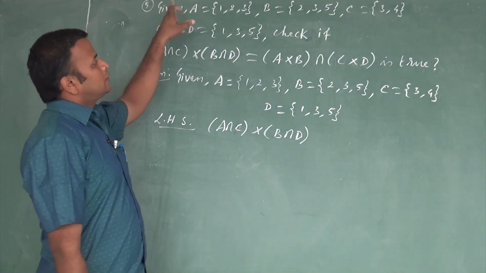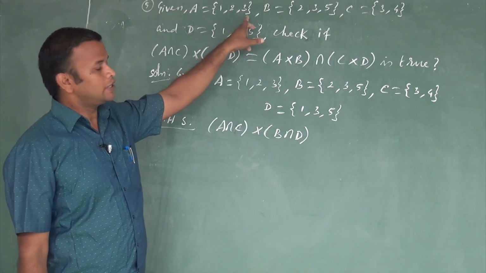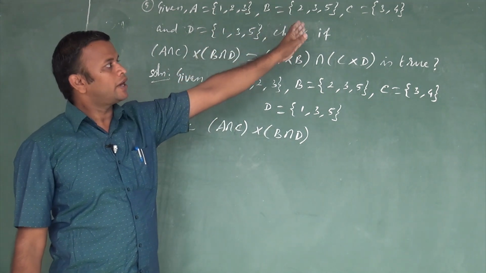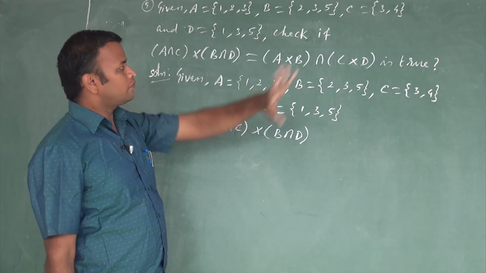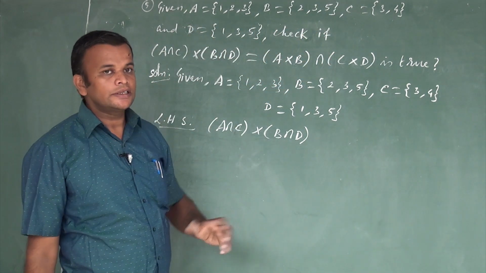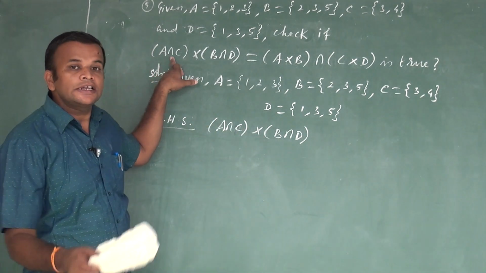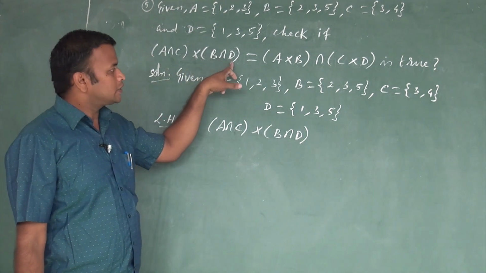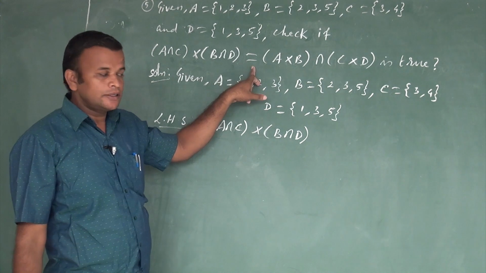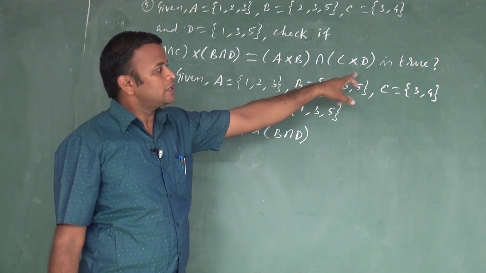Fifth question: there are 4 sets. The set A is 1, 2, 3, B is 2, 3, 5, C is 3, 4 and D is 1, 3, 5. The question is, check if A intersection C cross B intersection D is equal to A cross B intersection C cross D is true.